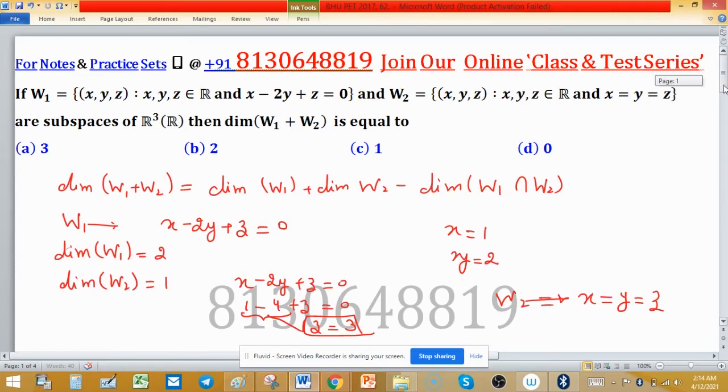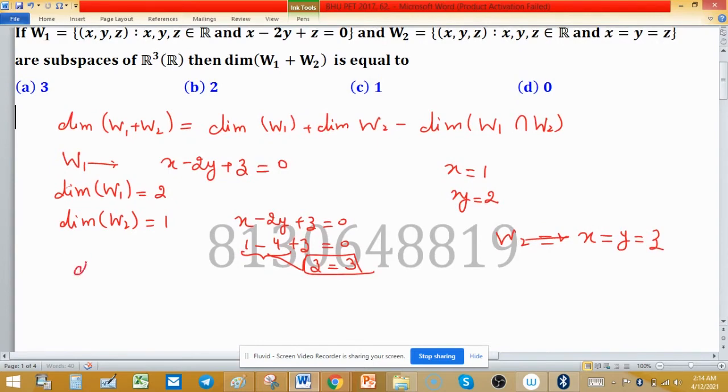Now come to the dimension of the intersection of W1 with W2. Its elements have the property x minus 2y plus z equal to 0 and x equal to y equal to z, because if any element is in the intersection, it will satisfy the property of W1 as well as the property of W2.